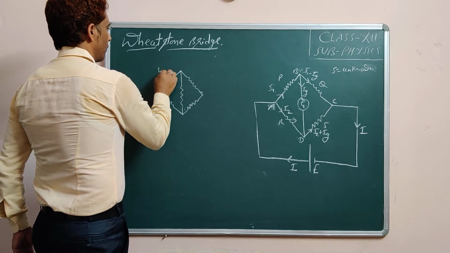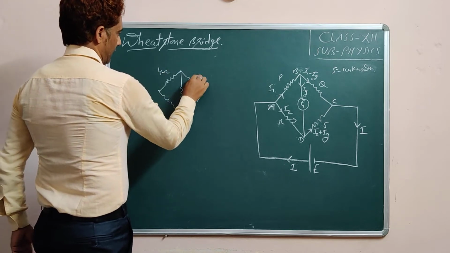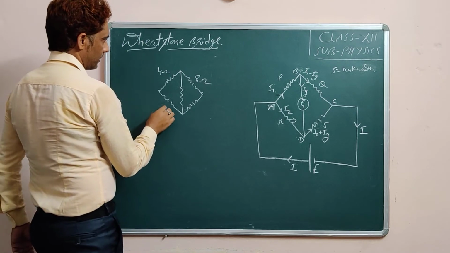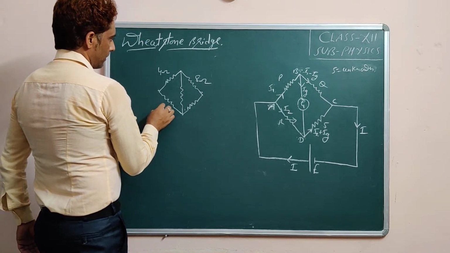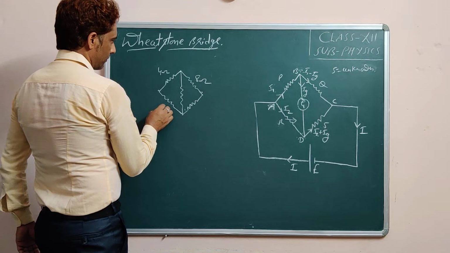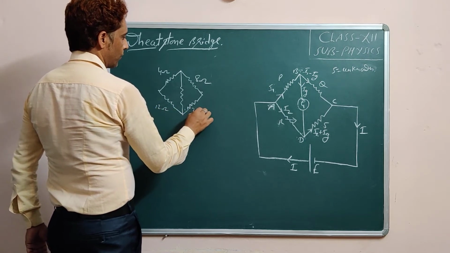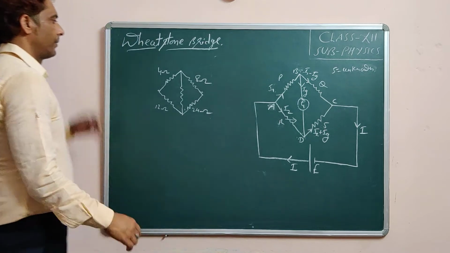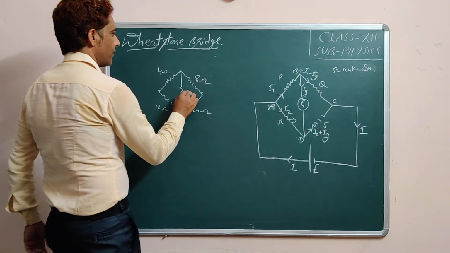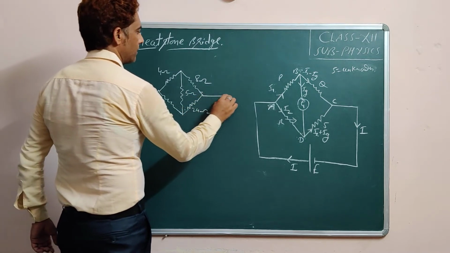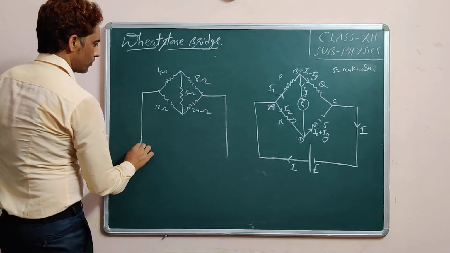Let this be 4 ohm, 8 ohm, let this be 12 ohm, and this is 24 ohm, and the fifth resistor be 5 ohm, and these are connected to some source of EMF.